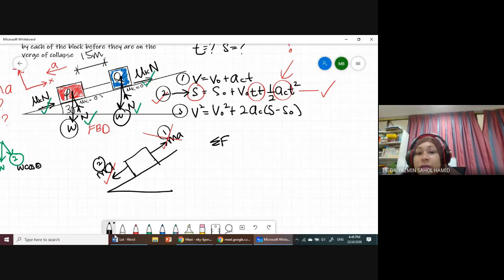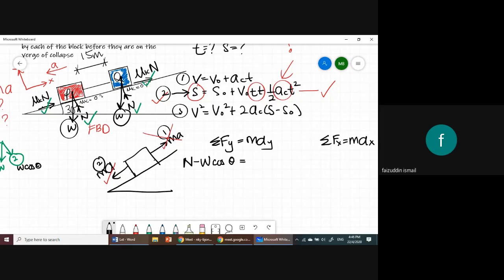So we have summation Fy equals m a_y, and we also have summation Fx equals m a_x. What is Fy? We have the normal force minus W cos theta equals what? 0. Yes, good.